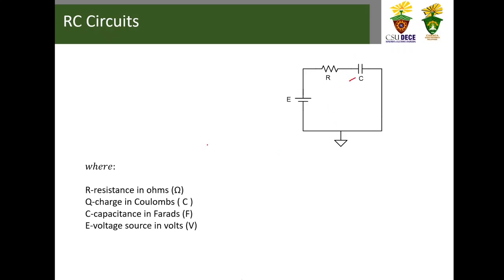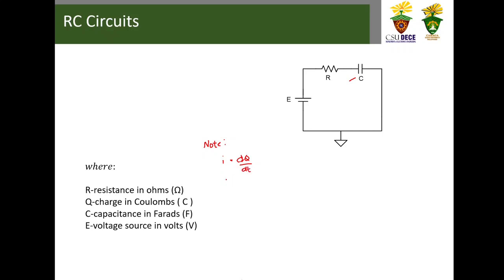So before we derive the equation for the DE of this RC circuit, please take note of the following. Take note that I, or the current, is equal to the change of charge with respect to time, or dq over dt.